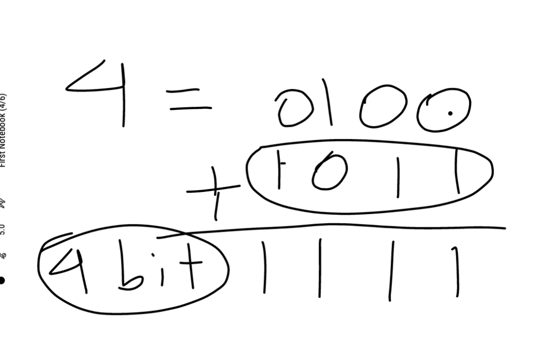But this isn't 0, so we must add or subtract something to it, right? Also, we have to find a process that always works. It doesn't matter what number it is, it doesn't matter how many bits it uses, it has to always work. Just like here, if we add any inverted number to the original number, it will always be all ones, as many ones as the number of bits the original number had.